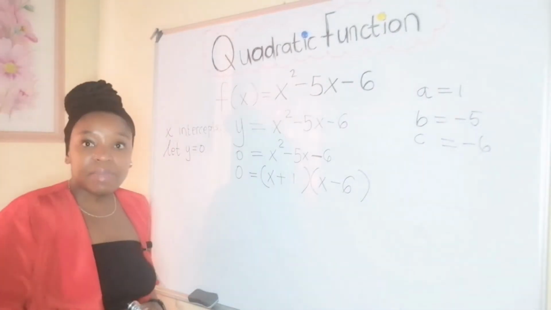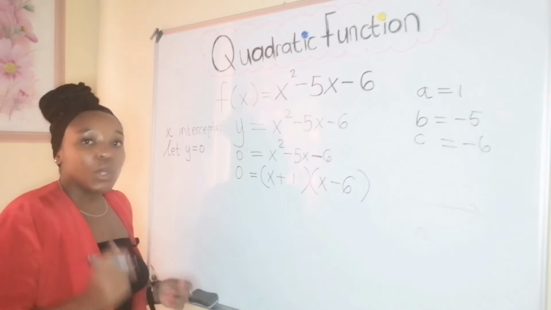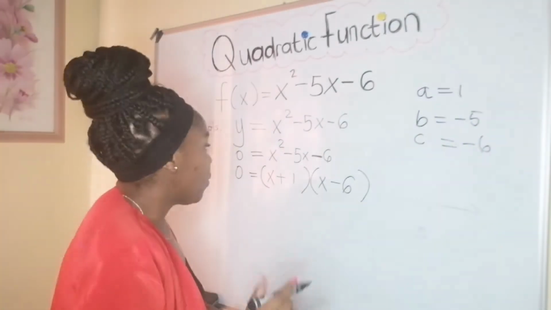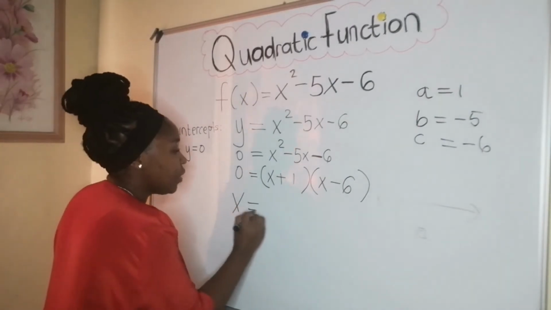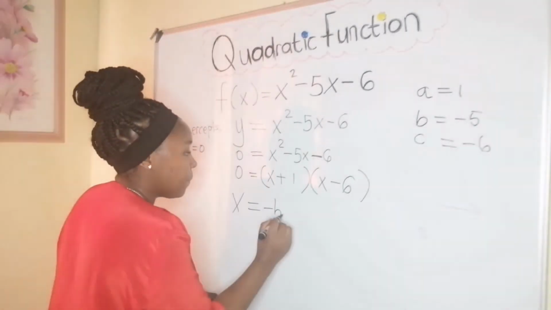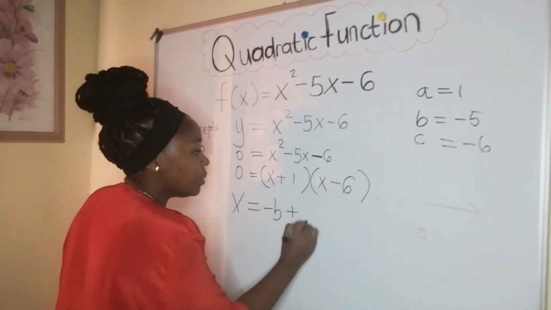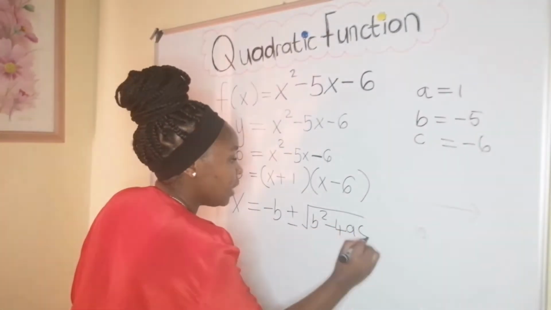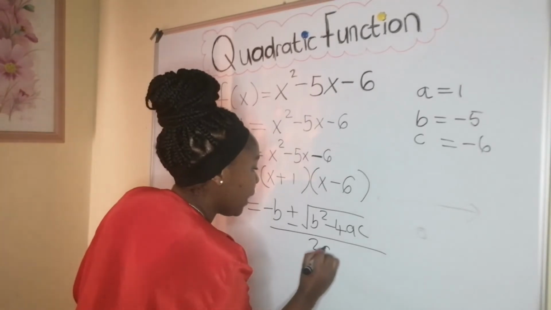If you don't like this method, then you can simply use the quadratic formula, which is x equal to minus b plus or minus the square root of b squared minus 4ac, all over 2a, right?